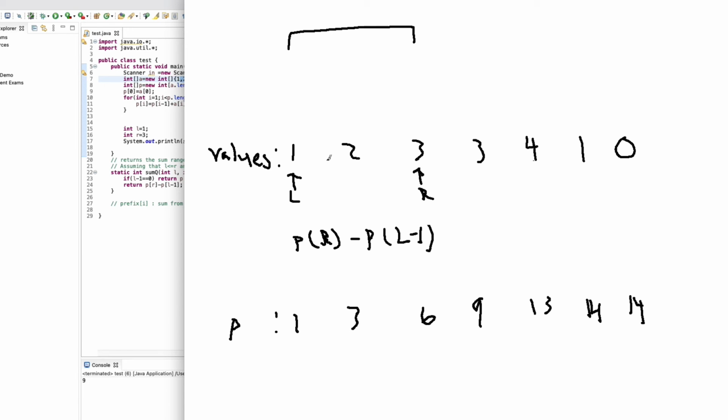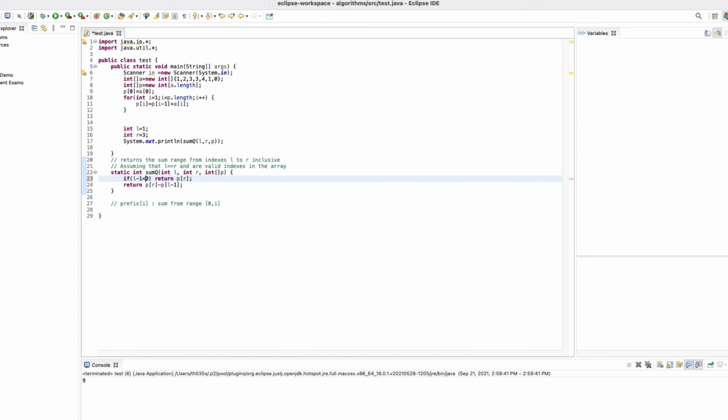So we're trying to get the sum from here, right? So it would be 9 minus 1, which should be 8. Oh, sorry, this should be less than 0. Okay. Yeah, okay. Cool.